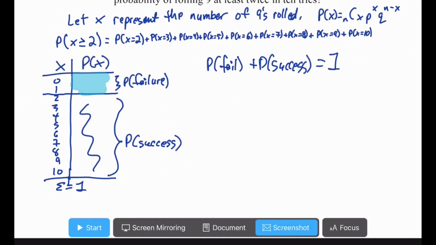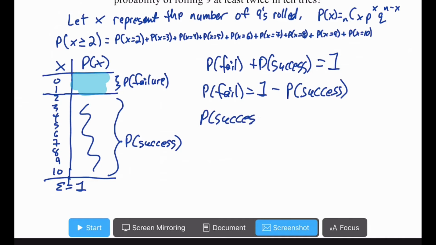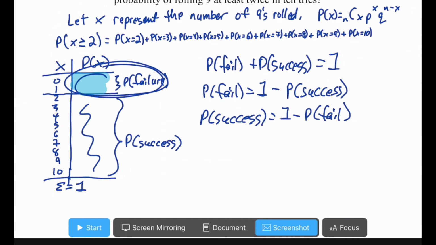So like literally find the difference. Probability of failing is equal to 1 minus the probability of success. So if I can find the probability of failing indirectly, then I can find the probability of success equals 1 minus the probability of failing. So let's find this value instead. It's going to make our life a little bit easier.